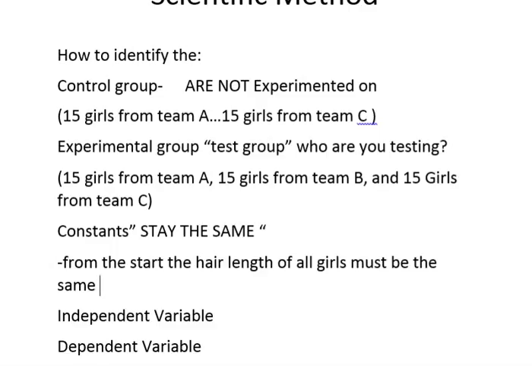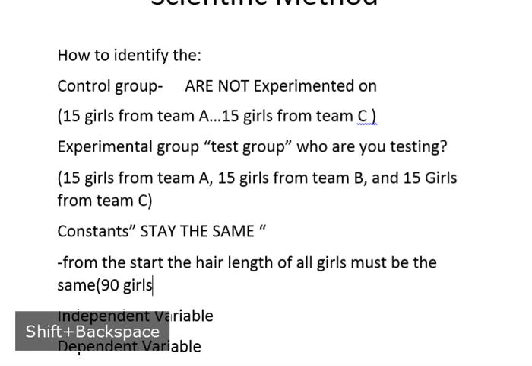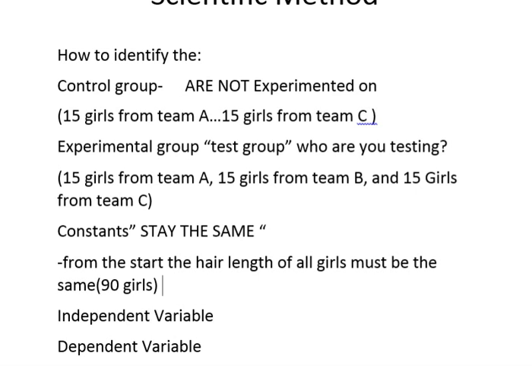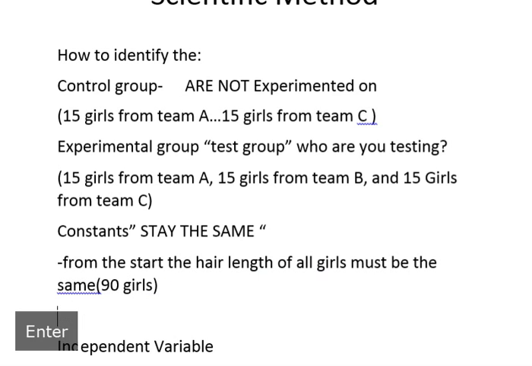So we have 90 girls here that we're experimenting on. So all 90 girls, their hair length must be the same. This includes the girls from the experimental group and the control group. They must all be the same. Okay. Now, other things that must stay the same. Let's say the food that they eat, because food can affect hair growth.